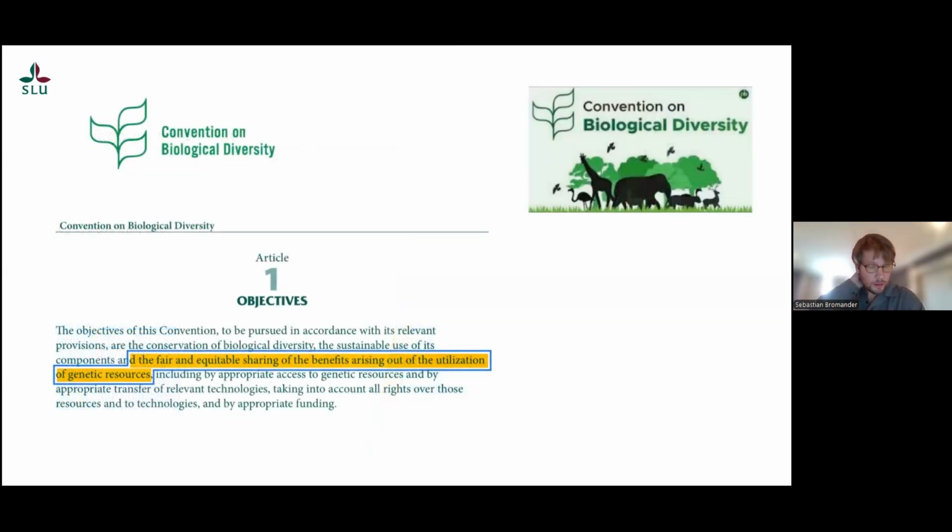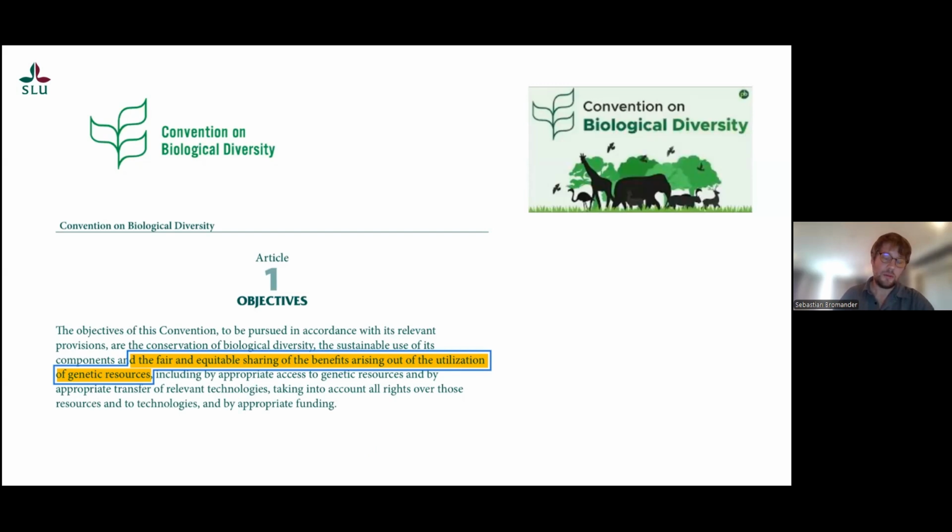So just a very short background. This comes originally from the Convention on Biological Diversity, which sets out 3 core principles, and one of them is the fair and equitable sharing of the benefits arising out of the utilization of genetic resources. This convention was agreed back in 1992, but at that time it was more or less just words and was really not done in reality.